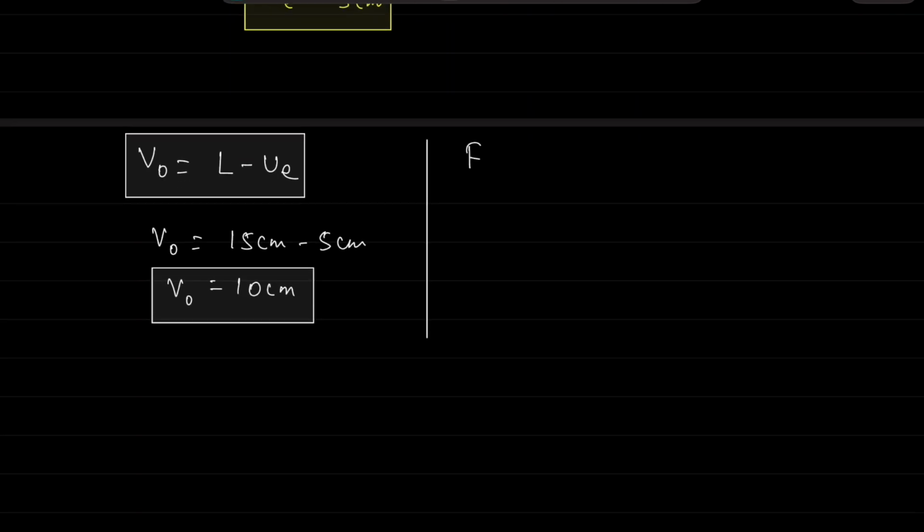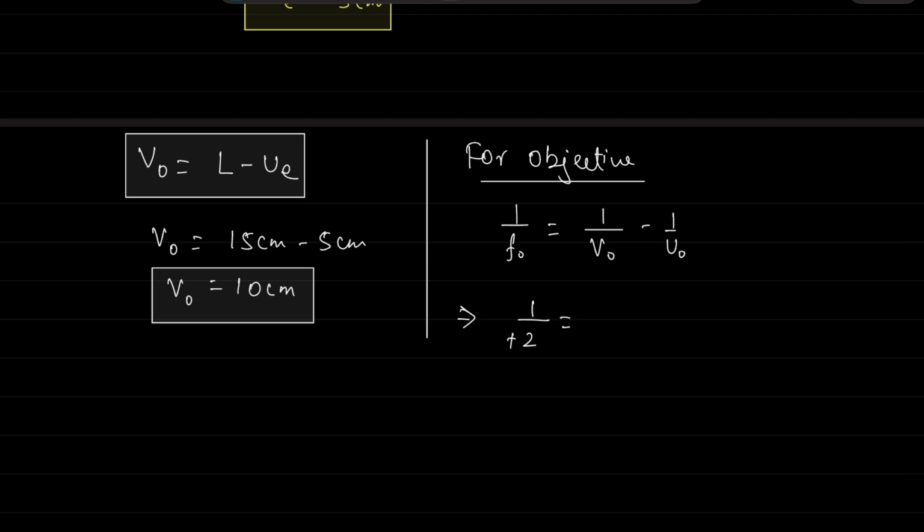So for the objective, 1 by FO is equal to 1 by VO minus 1 by UO. 1 by 2 is equal to 1 by plus 10 minus 1 by UO. So 1 by UO is equal to 1 by 10 minus 1 by 2.